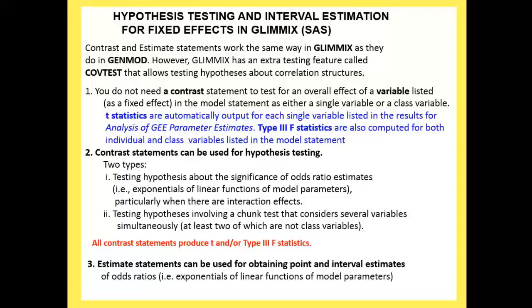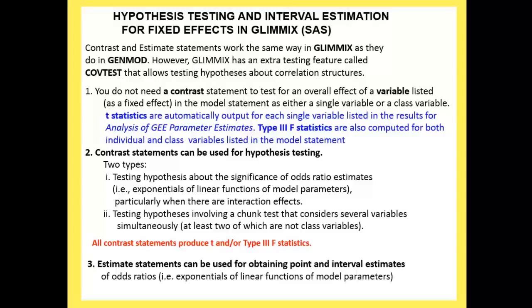So you have an exposure variable, you have variables you want to control for, and then you have some product terms, exposure times some of the variables you're controlling for. And you want to do a chunk test for the interaction terms, just like we did in 740. How would you do that test in 740, based on what we talked about in EPI 740? If you were using logistic regression with proc logistic and you were going to do a chunk test for interaction, what you'd do is fit two models, right?